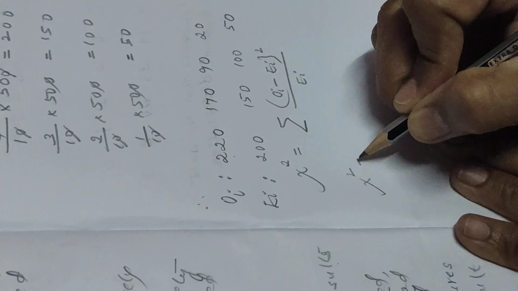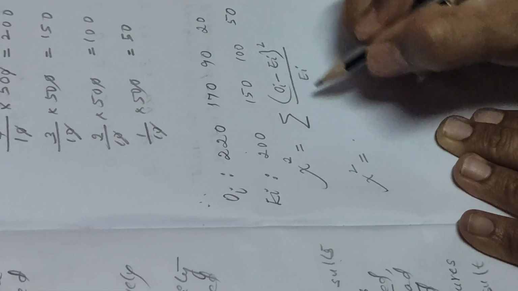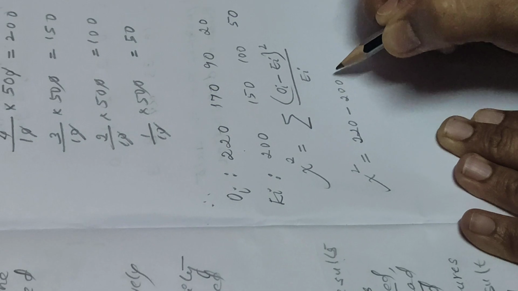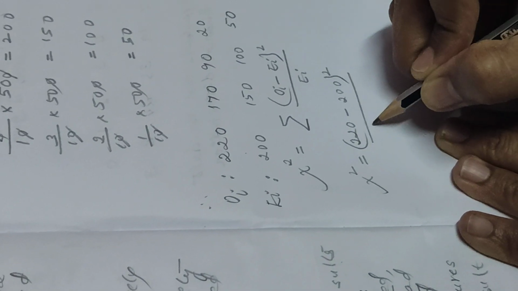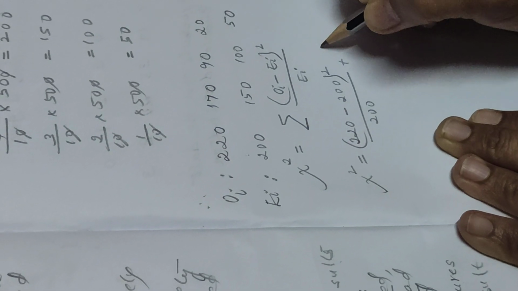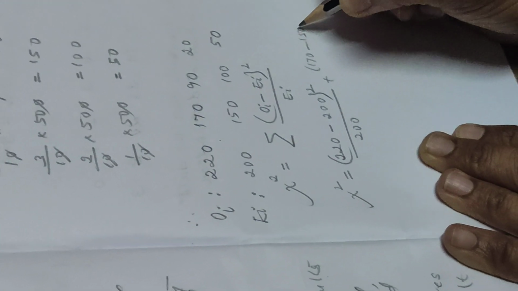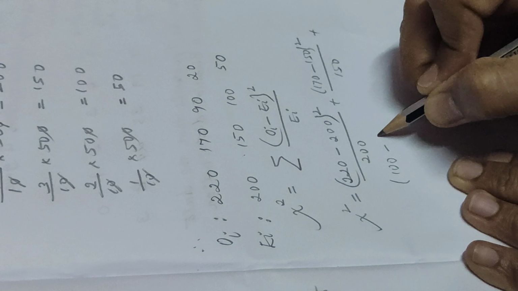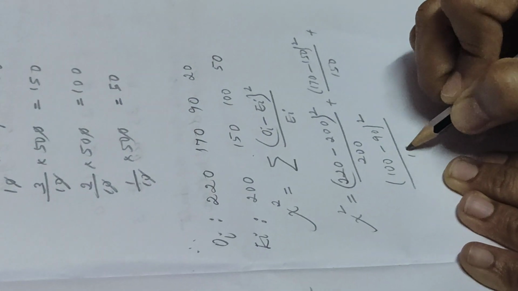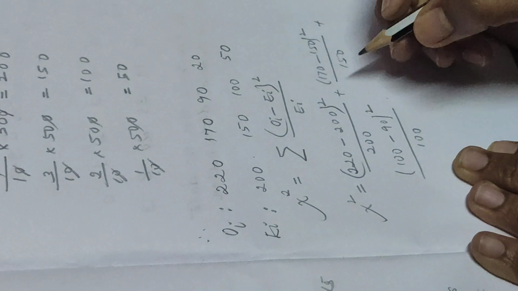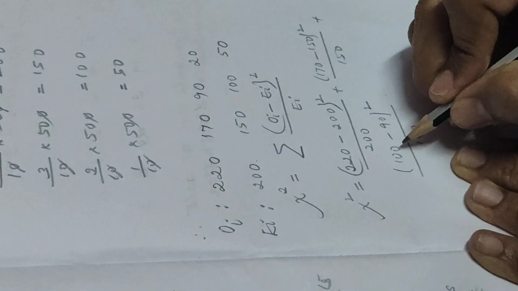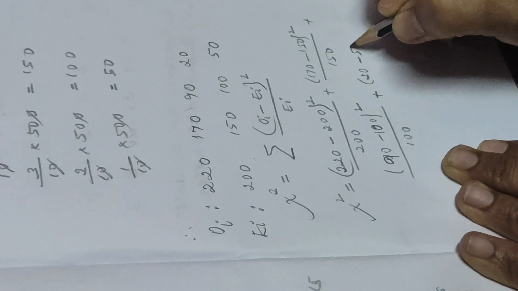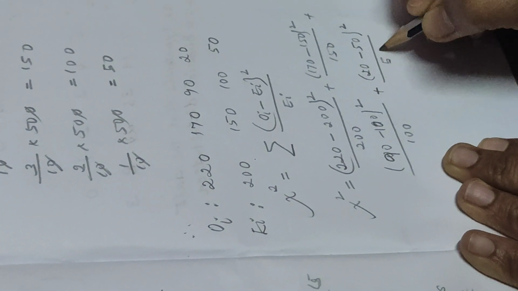So using your calculator, substituting y_i minus e_i: 220 minus 200 whole square divided by 200, plus 170 minus 150 whole square divided by 150, plus 90 minus 100 whole square by 100, plus 20 minus 50 whole square by 50.